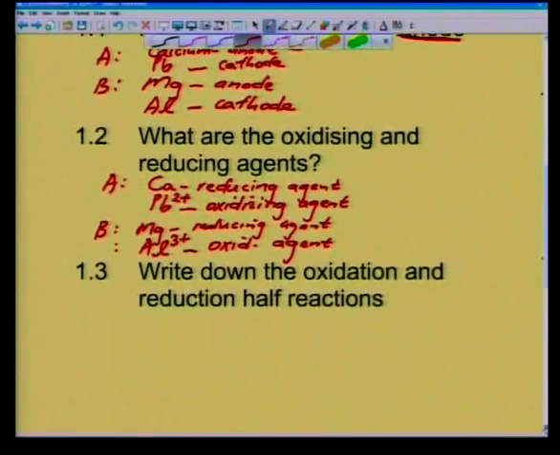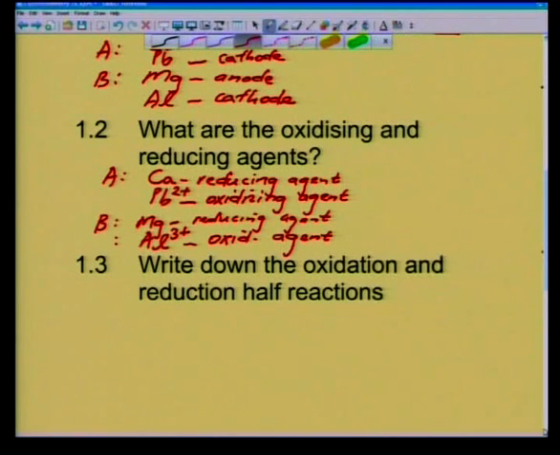Now write down the oxidation and reduction half reactions. Okay, for A, we know that calcium is going to lose electrons. The half reaction will be such that calcium, from solid, from being an atom, forms the 2+ ions and gives away the 2 electrons.